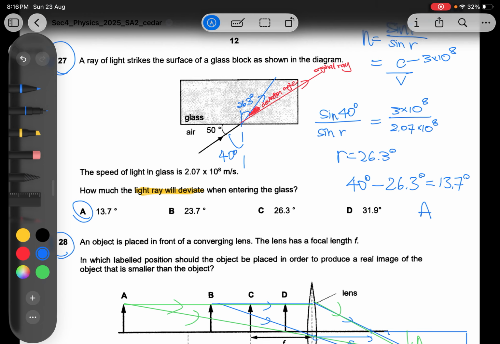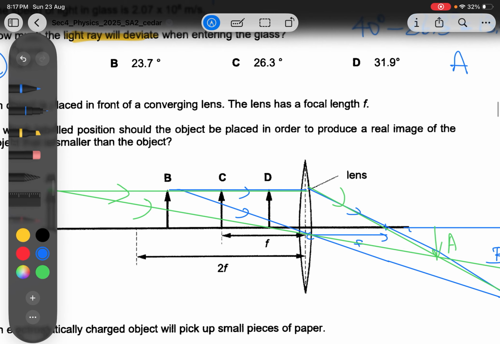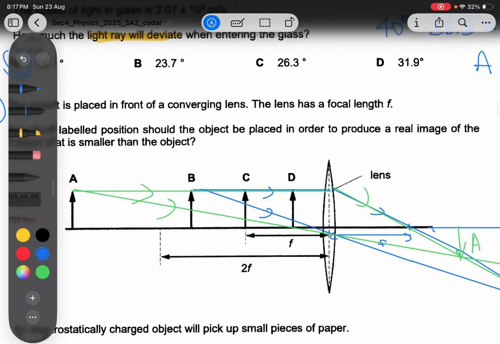Okay? For the second question, question 28. If you really forget, this is a pure memorization question. If it's within F, between the lens and F, it will mean that the object is behind, not past the lens, and it's virtual.